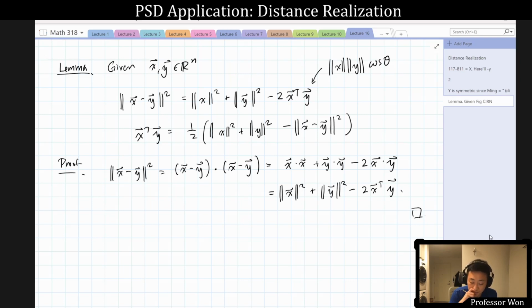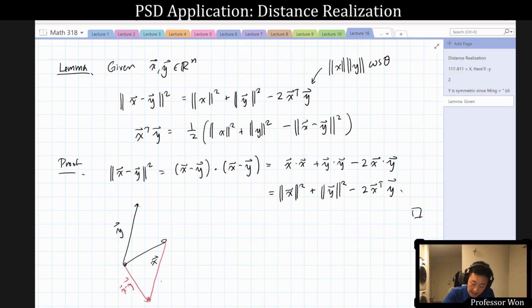Okay, so this is just by properties of dot products, and this is probably the easiest way to prove the law of cosines. And the reason it's related is because if you have a vector x and a vector y, then what is the vector x minus y? You take x and you subtract off y. This is the vector x minus y.